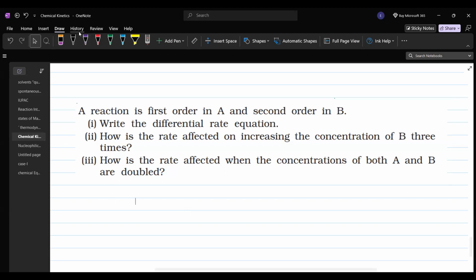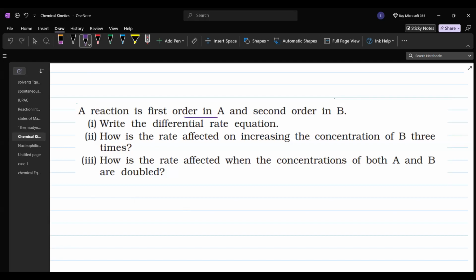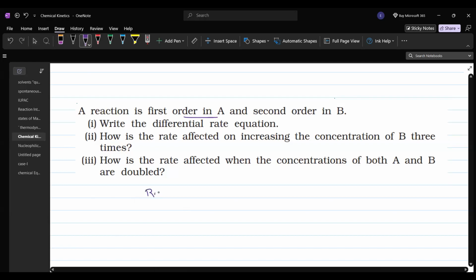So first of all, the question says first order with respect to A, right? So we can say that the rate of reaction is proportional to A power 1. And second order with respect to B, so we will have B power 2, right?